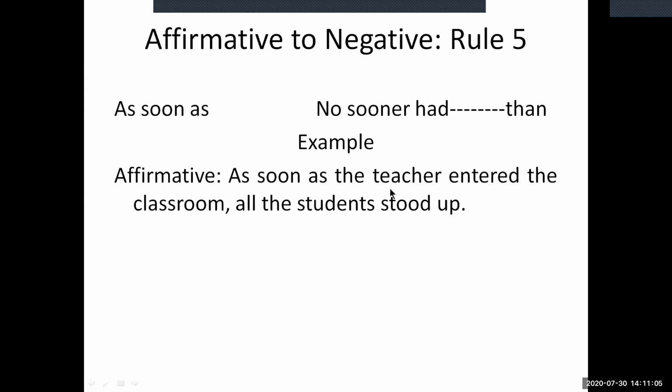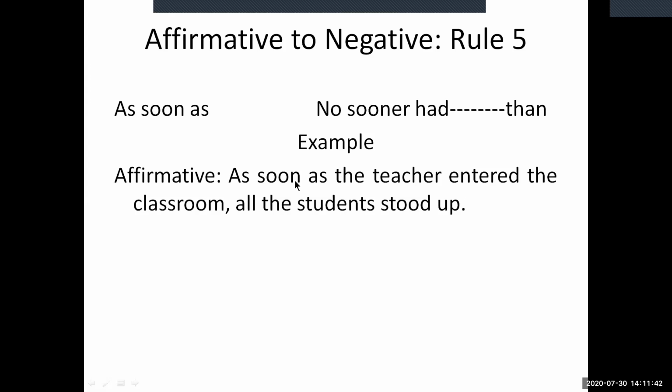Another point to be remembered is that you need to change past indefinite tense to past perfect with "no sooner had." So to make a sentence past perfect, you need to place this "had," the auxiliary verb, before the subject, and the V3 of past perfect should be used after the subject.